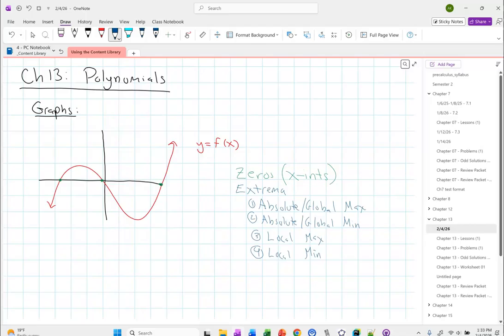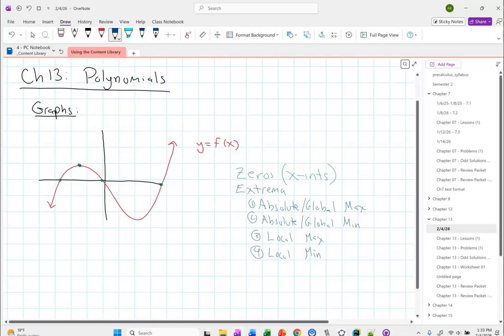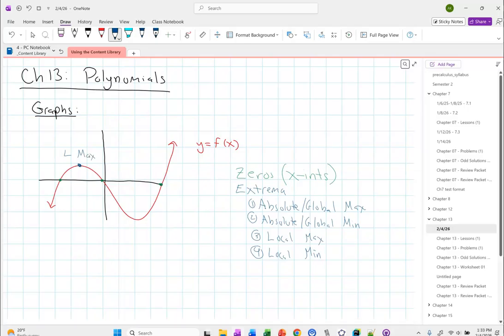Everybody's okay? A local maximum means that in some open interval, I can find a highest point in that open interval. So basically, this one would be a local maximum, because in its little neighborhood, it's king of the hill, so to speak.